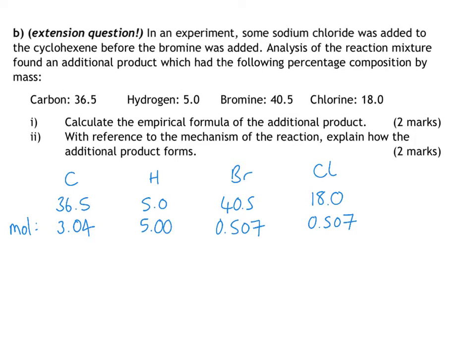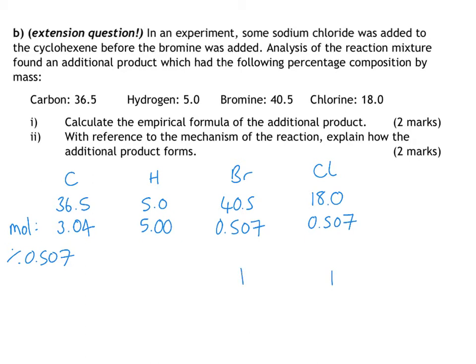So 0.507 is the smallest number of moles that I have there. So to get to a whole number ratio, I'm going to divide each of the numbers of moles by 0.507, which gives me 1 mole of chlorine, 1 mole of bromine.